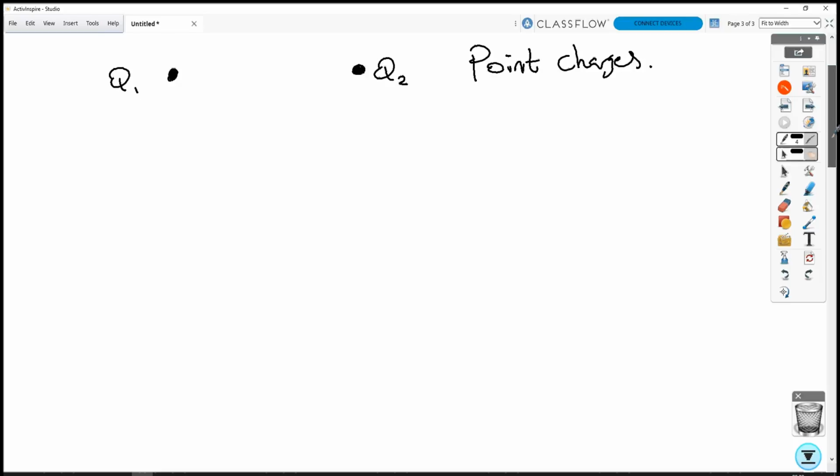So Coulomb's law, very similar to Newton's law of gravitation, says the following.